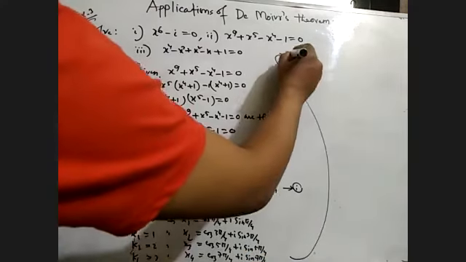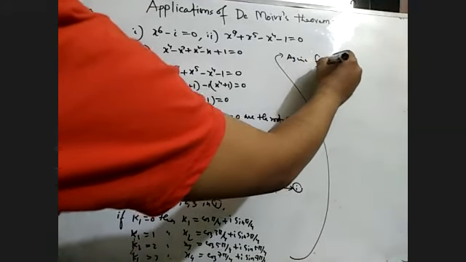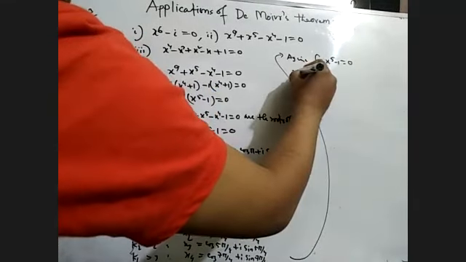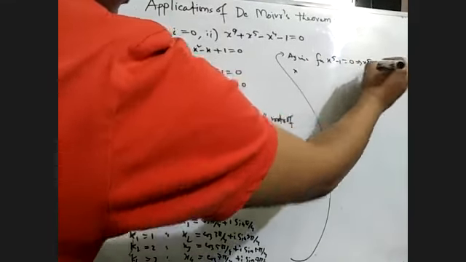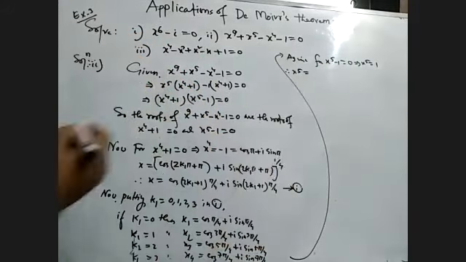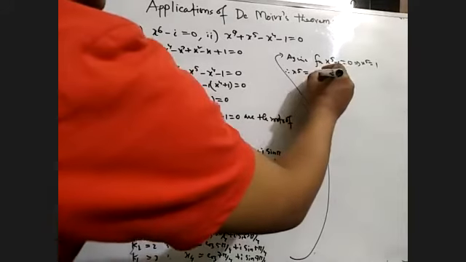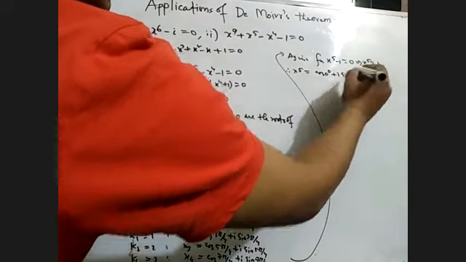Now again for x to the power 5 minus 1 equals 0. X to the power 5 equals what? 1. So x to the power 5 equals what will be? 1 will be cos 0 degree plus i sin 0 degree.